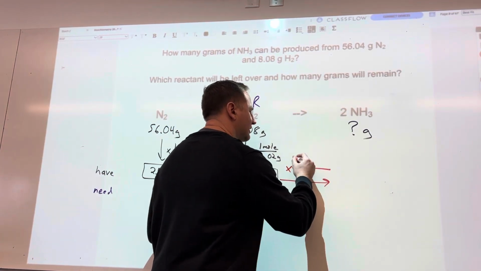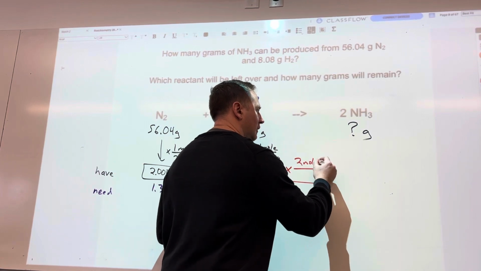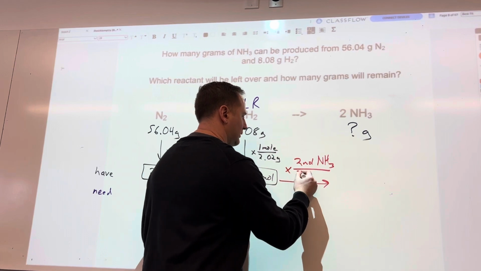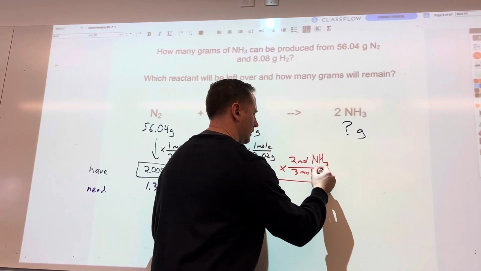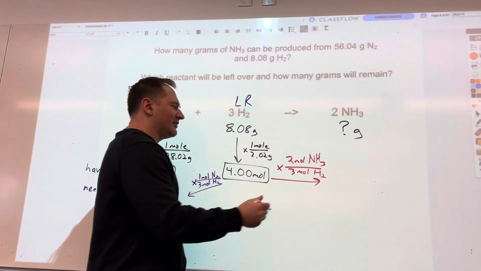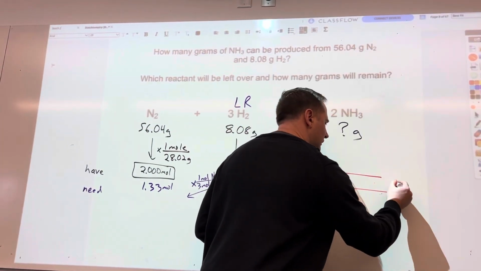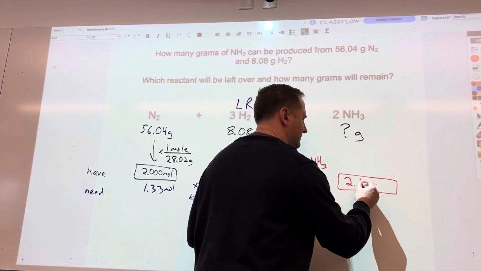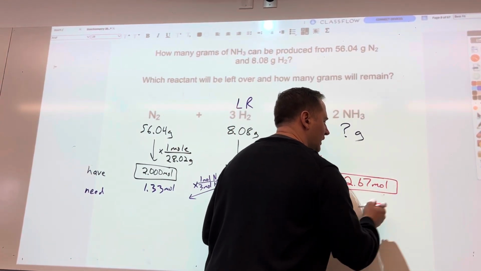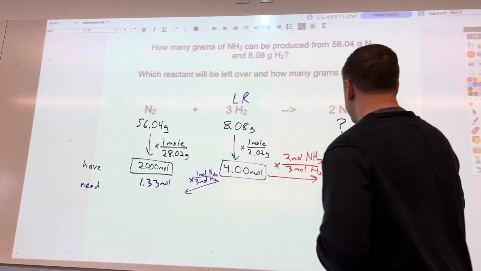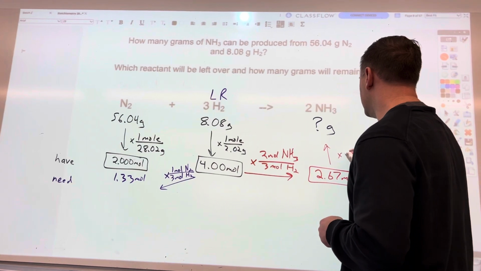So I'm going to get 2 moles of NH3 for every 3 moles of H2. So then I multiply this out, and I find that I'm going to be able to make, from my limiting reactant, 2 2/3 or 2.67 moles of ammonia. And then from there, I asked how many grams that would be. I just have to multiply it by the molar mass.